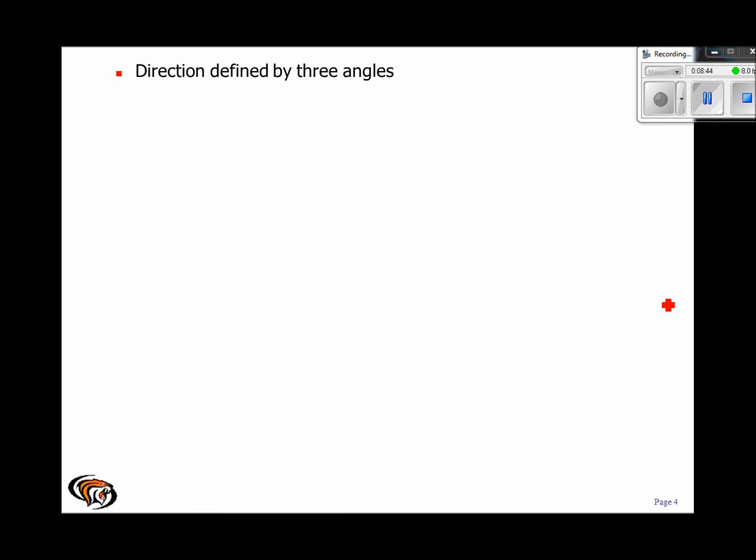Next, we find the direction of a vector given by 3 angles. So if we have our vector living in space, again, the unit vector lambda gives the direction of this vector F. The directions are now given with respect to the x-axis, the y-axis, and the z-axis with these 3 angles, theta x, theta y, and theta z.